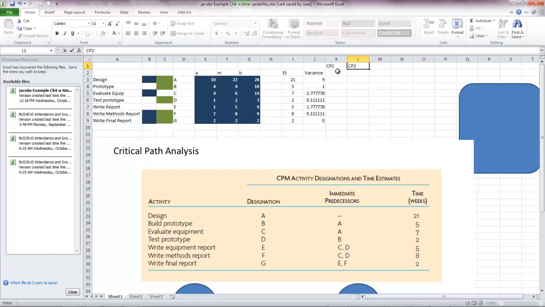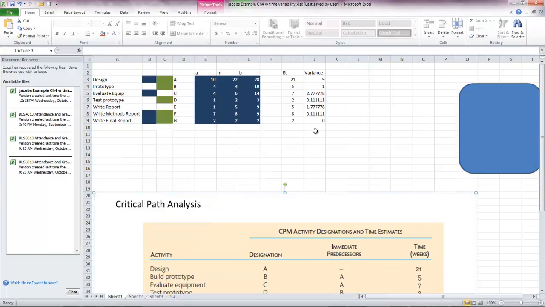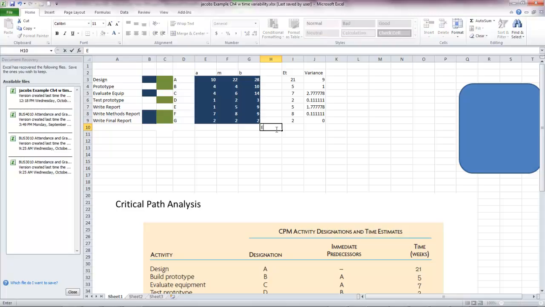And we need to calculate the expected value, and we need to calculate that total variance. So our estimated time is going to equal, and we already know this, the first one is going to be 21, and the other is 38 as we expected, and the expected time for the second one is going to be the same.